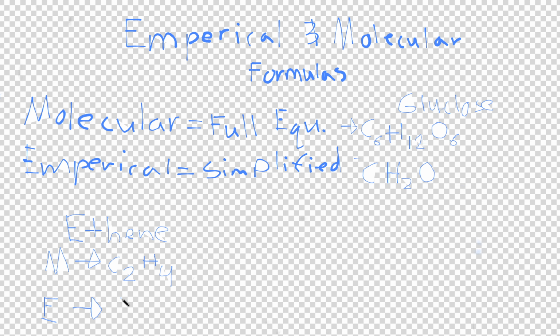So that would mean that we would have C and H2. Now, because we have these 2, we can understand that the molecular equation of ethane is C2H4, but the empirical formula is 1 carbon and 2 hydrogen.